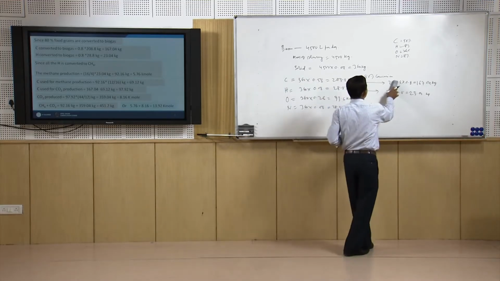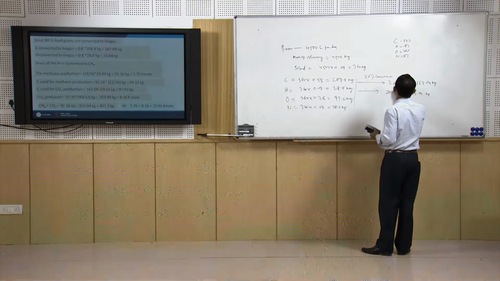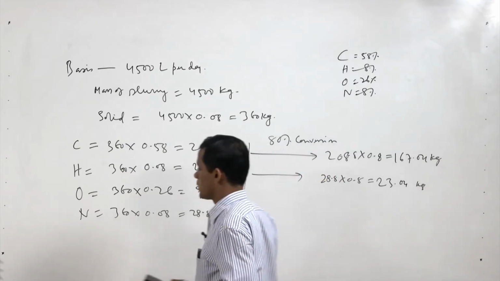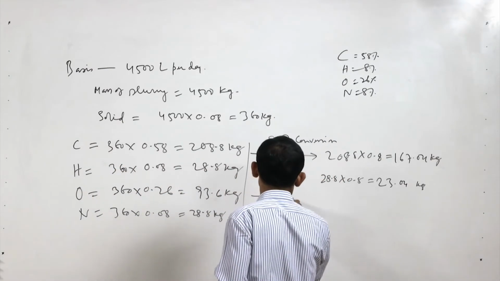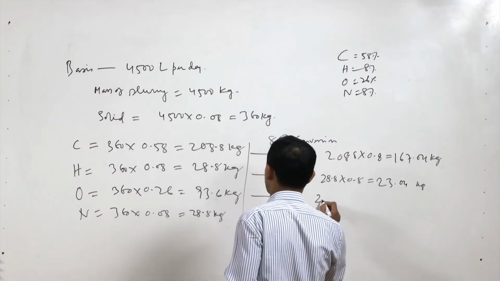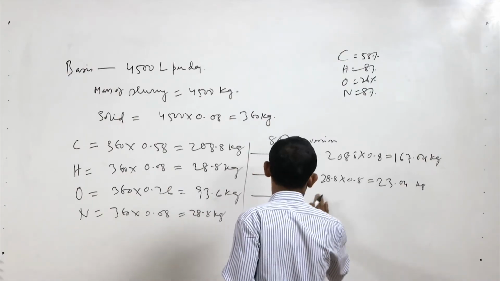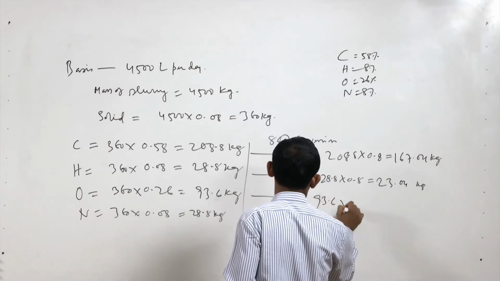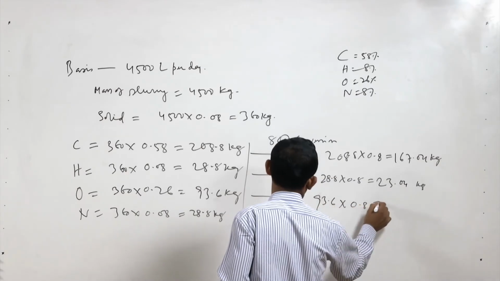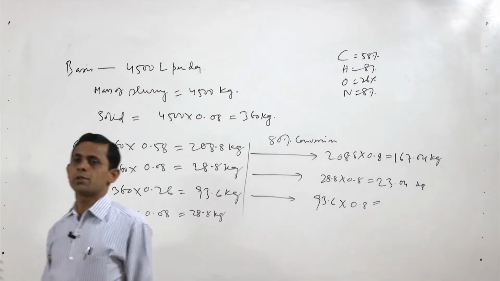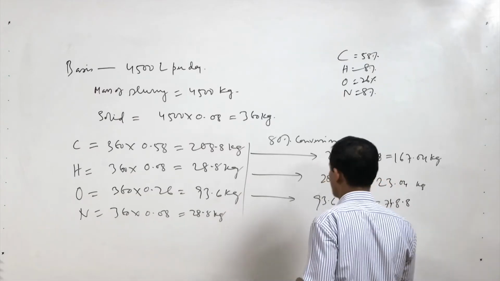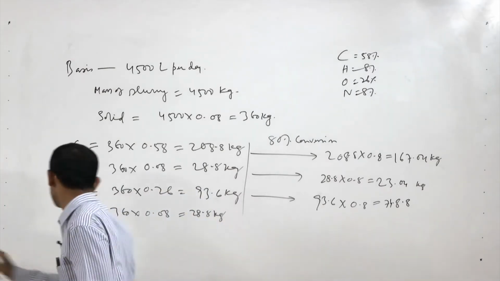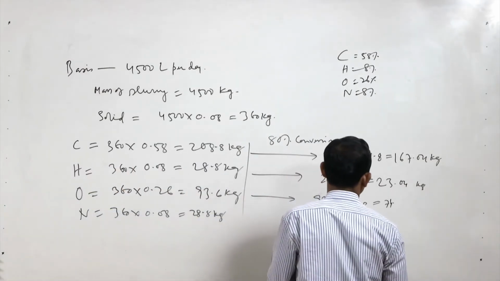Now how much oxygen is converted? 93.6 into 0.8, that is equal to 74.88 kg.